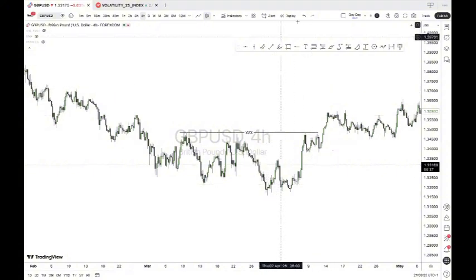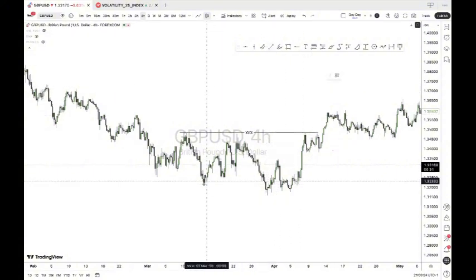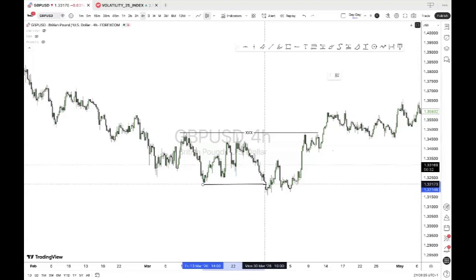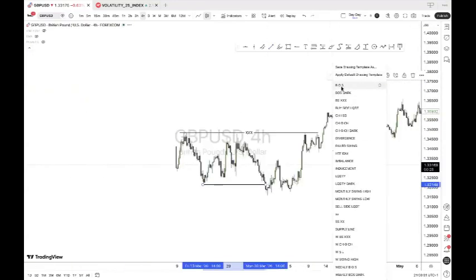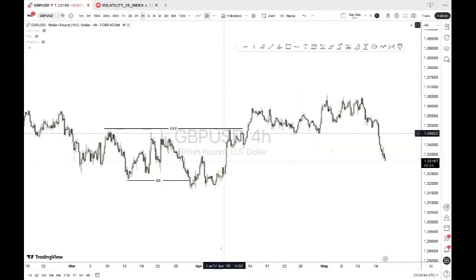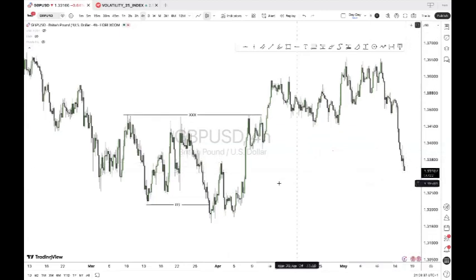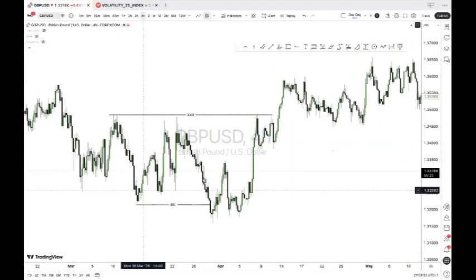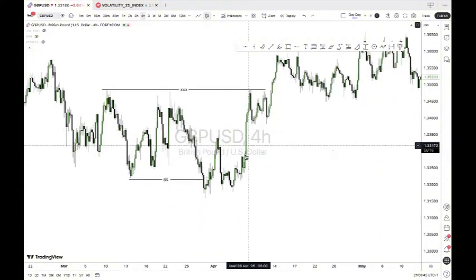Okay. Then we had our break of structure here. Had our break of structure there. Now, what do we have from here all the way up here? We have this huge imbalance at this level here.